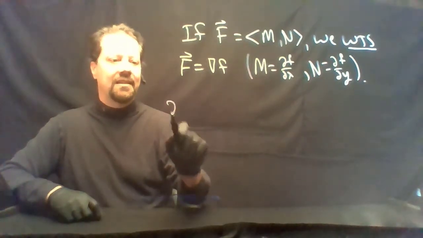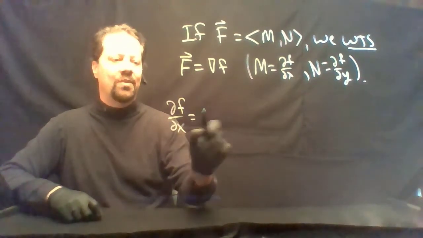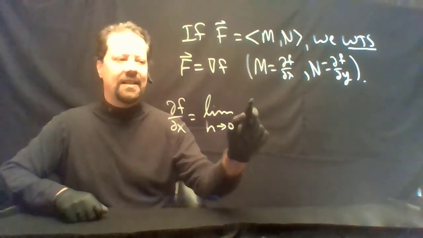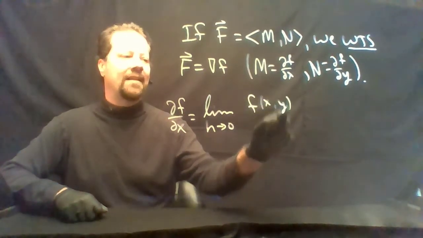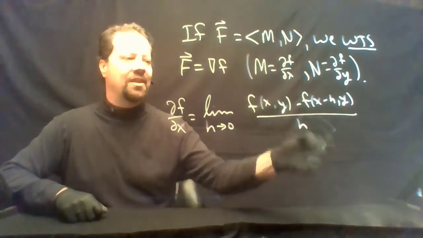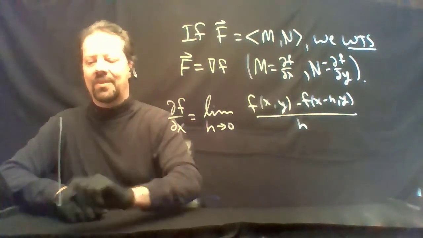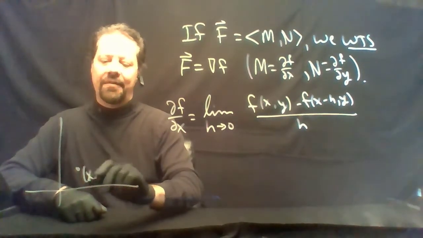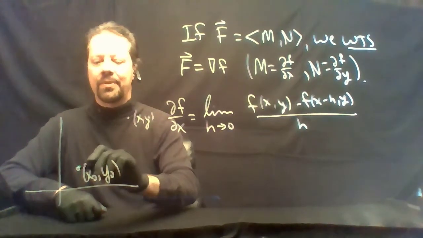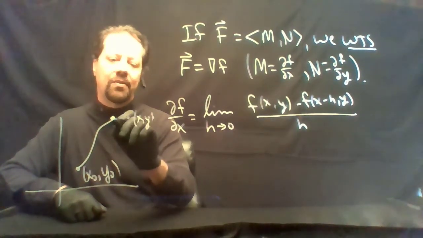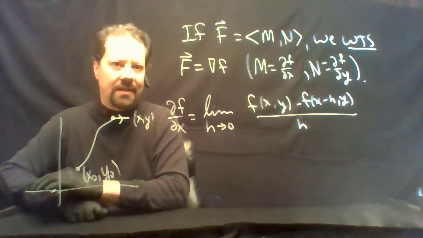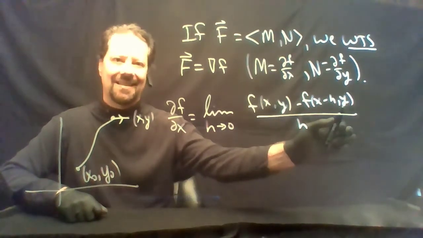Let's calculate df dx, which we know to be the limit as h goes to 0 of f of x, y minus f of x minus h, y, all over h. We're backing off along the x coordinate. So if we're starting off at x naught, y naught, and ending at x, y, we're taking a path that goes to some point directly to the left of x, y and then heading directly towards it, holding y constant.